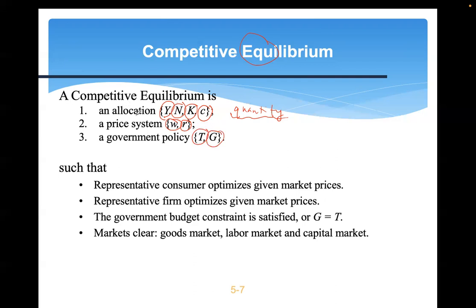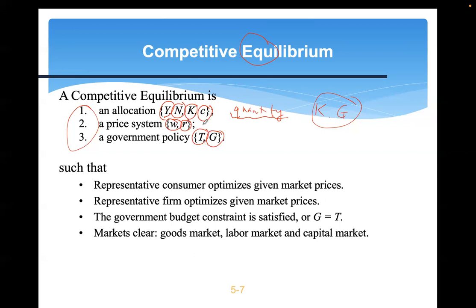Certainly in this competitive equilibrium, a few things are given, like K and G. Now, you can find many combinations of those three things. You can just randomly throw a number: how much to produce, how much to work, how much to consume, what the wage is, what the tax rate looks like.